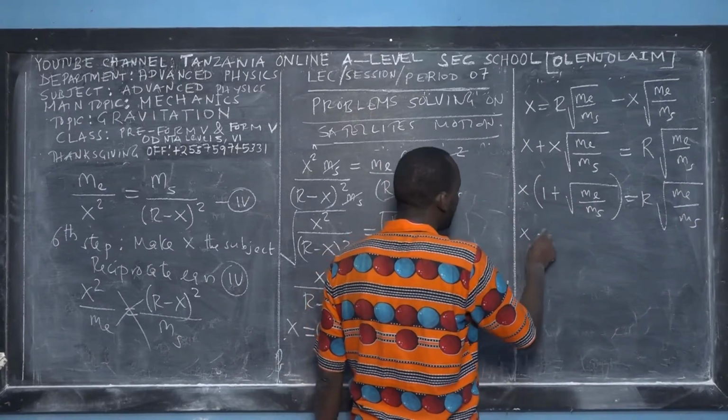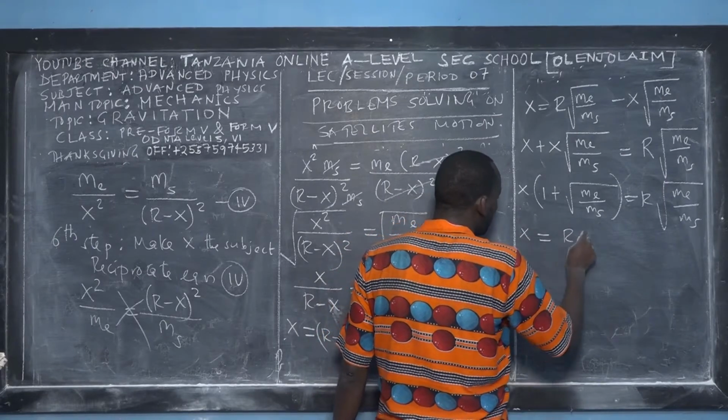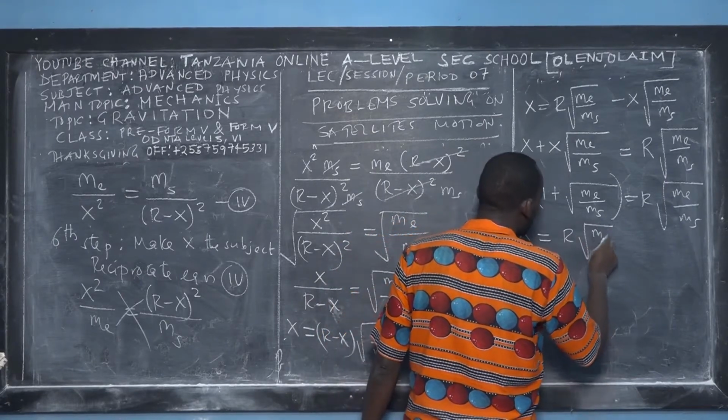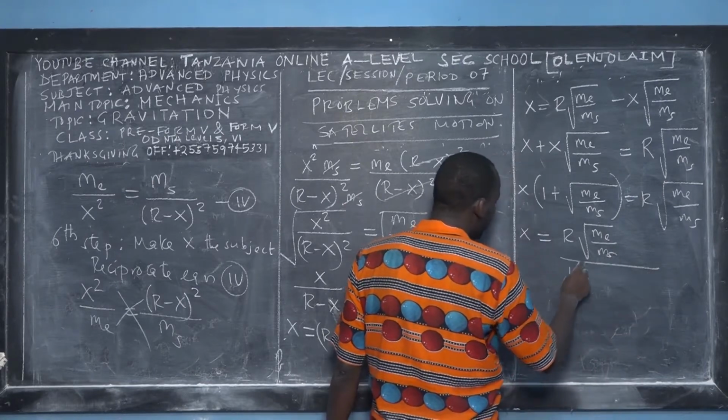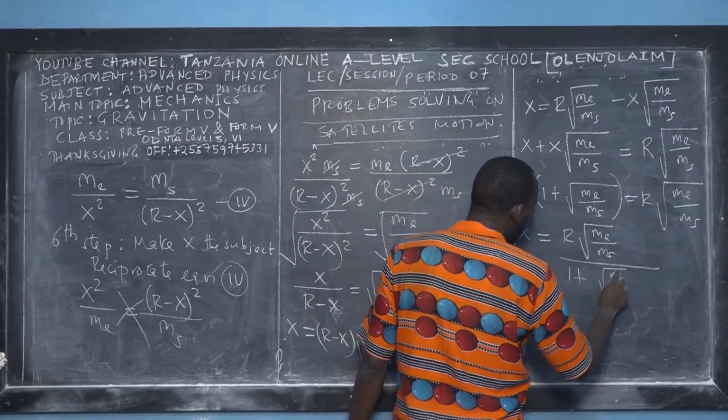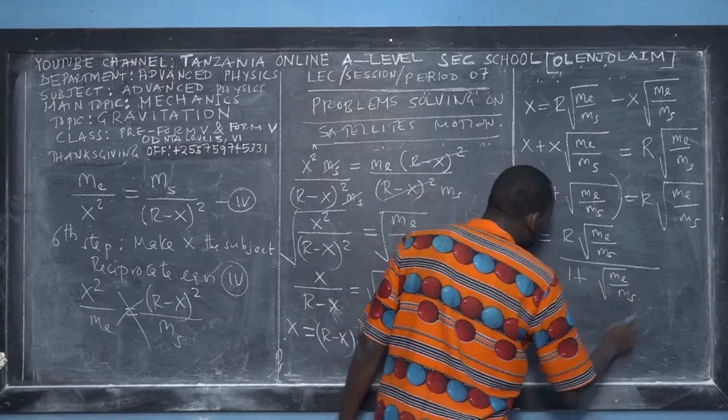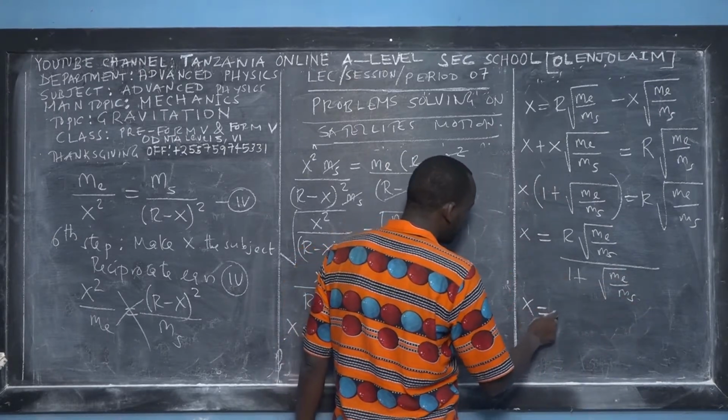So then we are looking for x. x is equal to what? The distance from the Earth to the Sun times the square root of the mass of the Earth over the mass of the Sun, divided by 1 plus the square root of the mass of the Earth over the mass of the Sun. So x is equal to what?